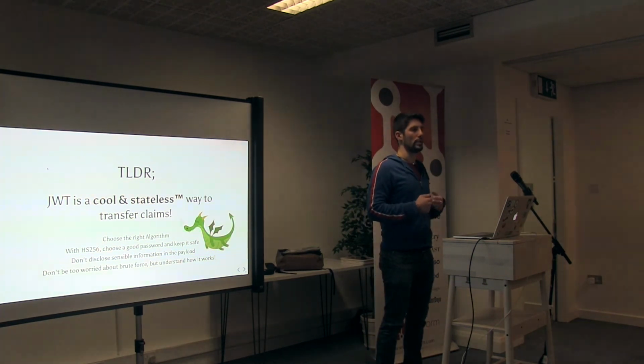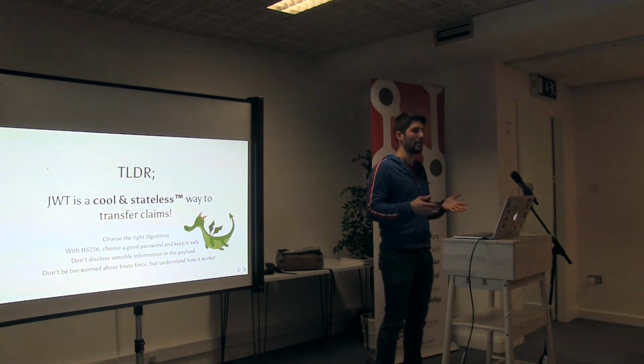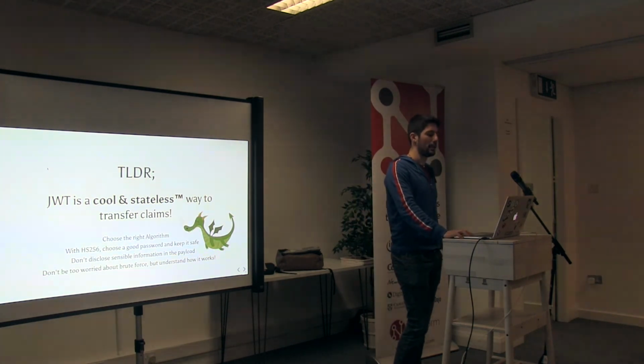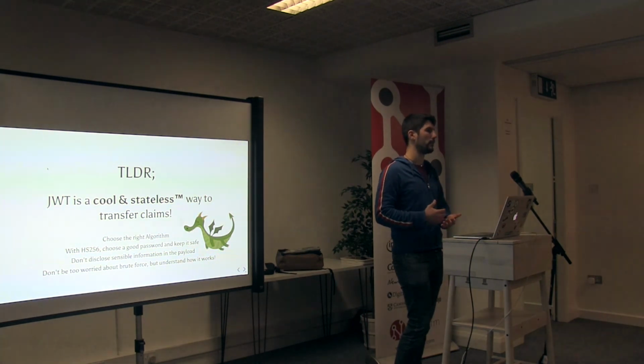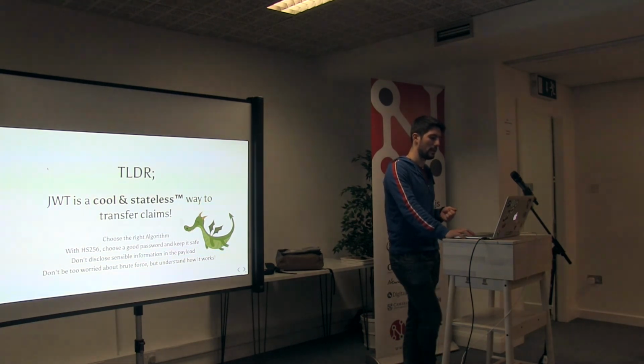And then you don't have to disclose sensitive information inside the token, like you will never store the password of a user inside that, because everybody can just read that and it will be plain JSON. And then, of course, don't be too worried about brute force, but try to understand how a brute force attack works so that you can protect yourself against that.